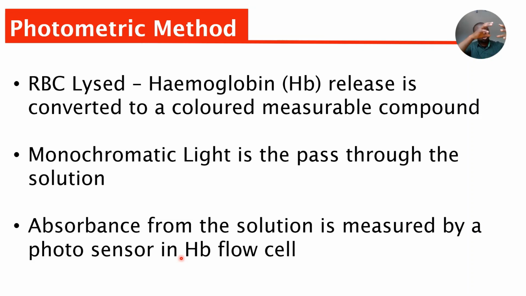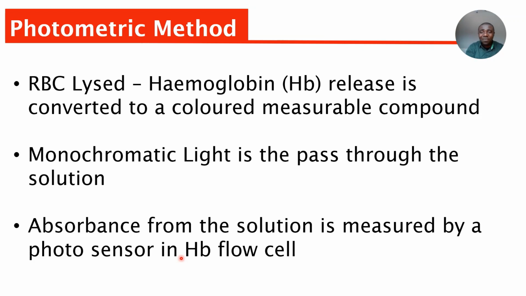Let me take it again. Once the sample is aspirated, the sample will then be mixed with what? The diluent. Once it is mixed with the diluent to dilute it, following the dilution, that will then lead to some other reagents, which I'm going to mention in another video that I'm going to make. Some of these reagents that will be used will lyse the red cells.